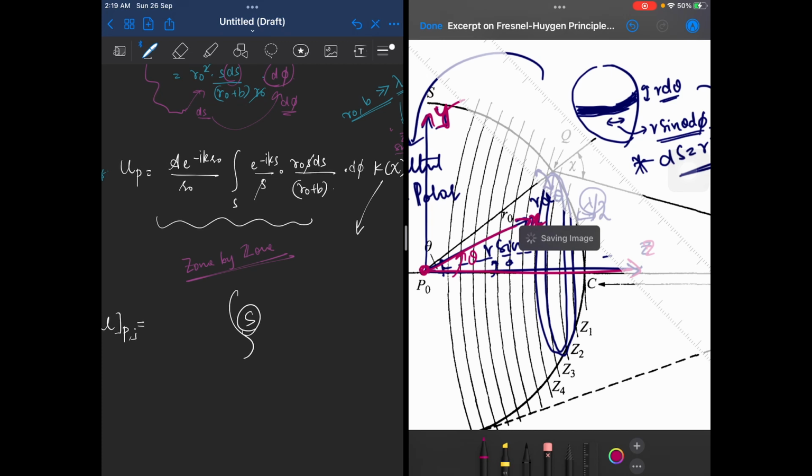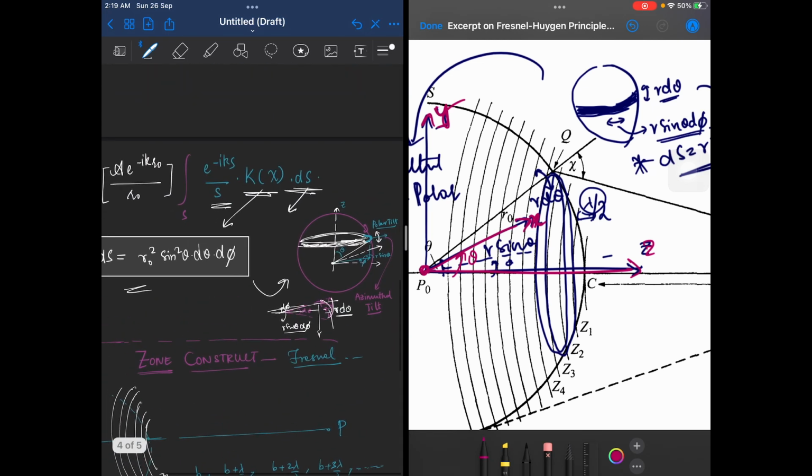So what is our azimuthal angle now? Let's see this now. Yeah, this thing is similar to this thing over here, right?